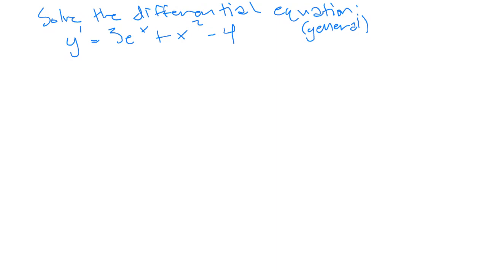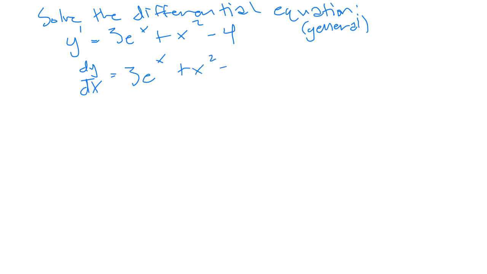So first, whenever we solve a differential equation, what we're trying to do is find y. Y is really what we're trying to solve for when we do this. We have a derivative, which we can also treat as saying dy over dx, whatever floats your boat.